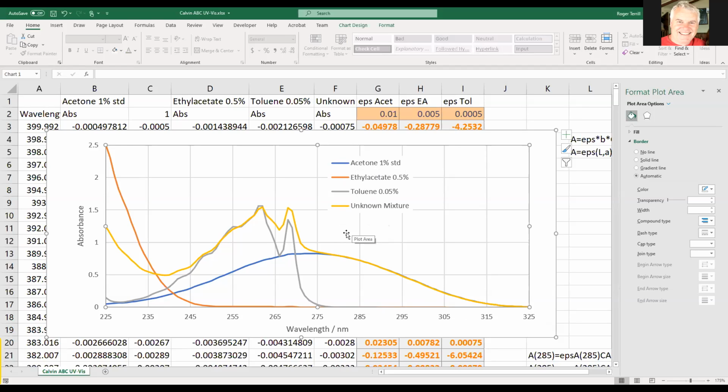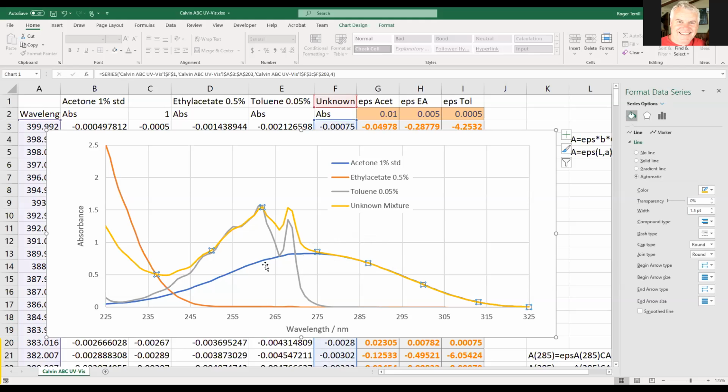So the question that I'm posing for y'all is, can you tell me how much of each of these three components, acetone, ethyl acetate, and toluene, are in the solution that gives us this yellow spectrum, this unknown mixture spectrum?